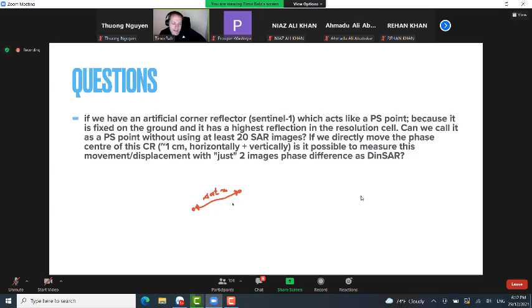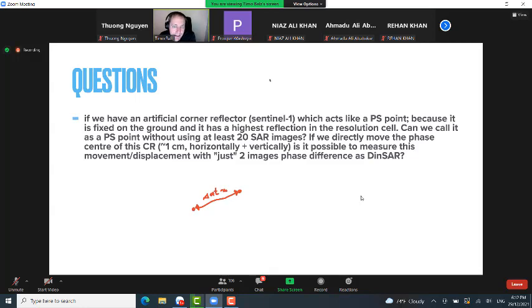Otherwise, you can also set up your corner reflectors, and they will be found as PS points, and you can have them in your complete network, remove the atmosphere with them and go through the differences. So there are different ways to approach that.